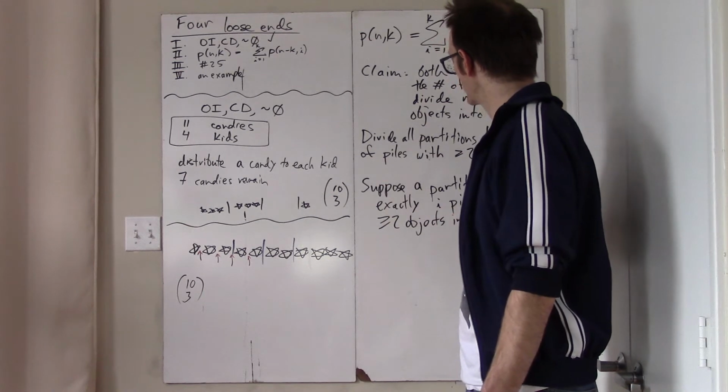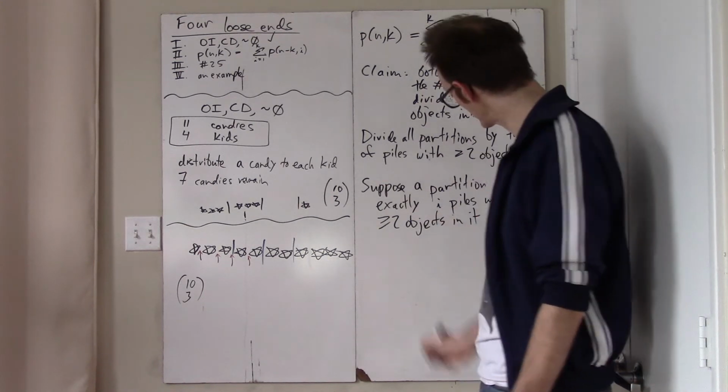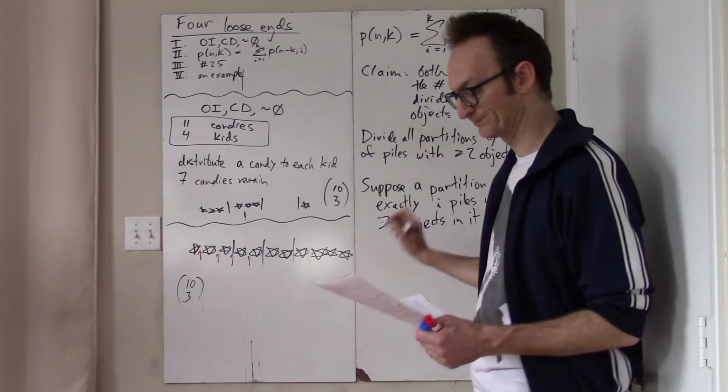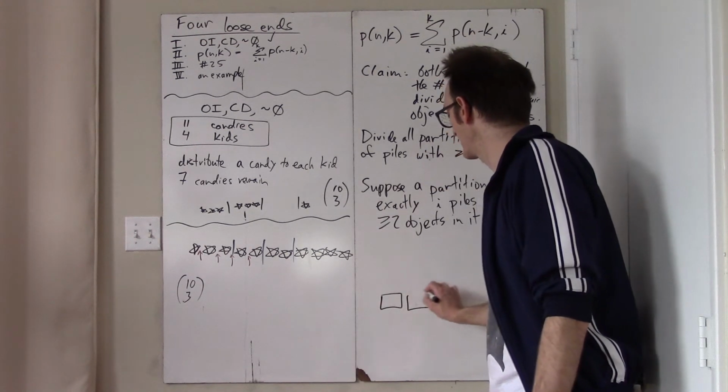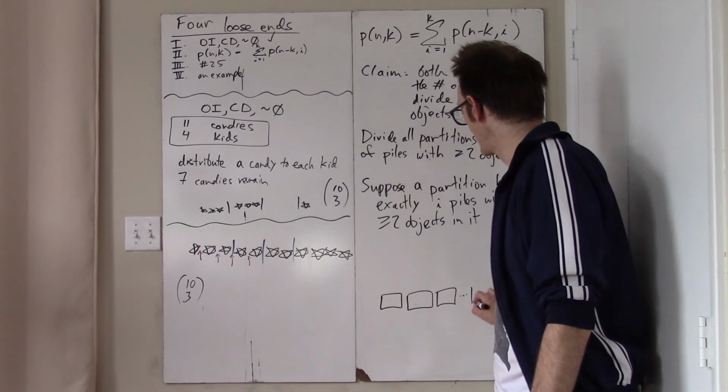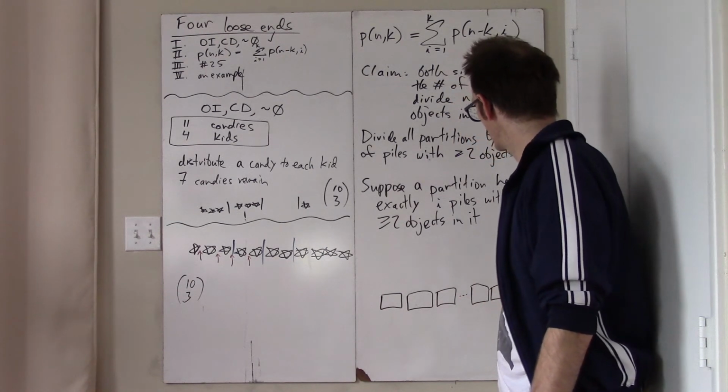And now here's the picture. This is the picture I should have drawn. So you have your various piles, right? So pile, pile, pile, dot, dot, dot, pile, pile, dot, dot, dot.